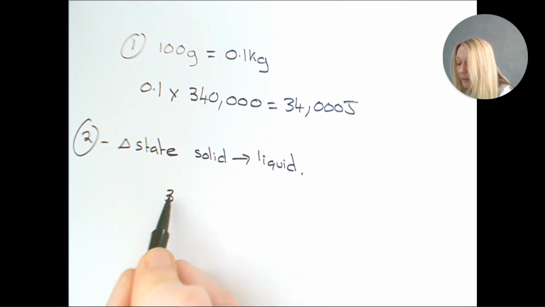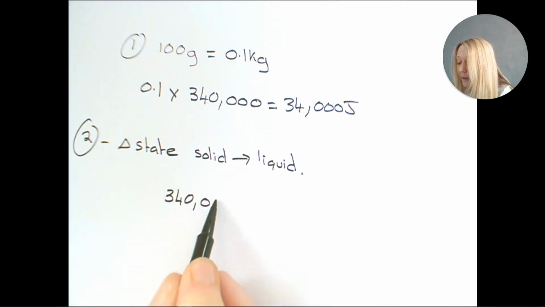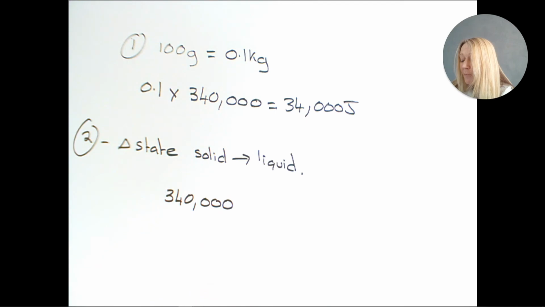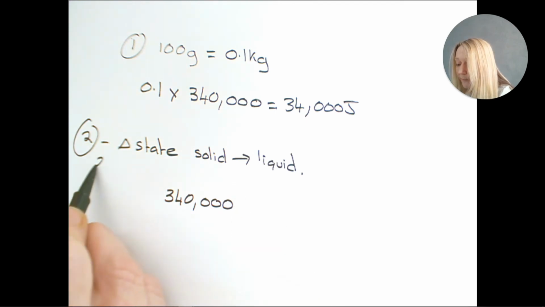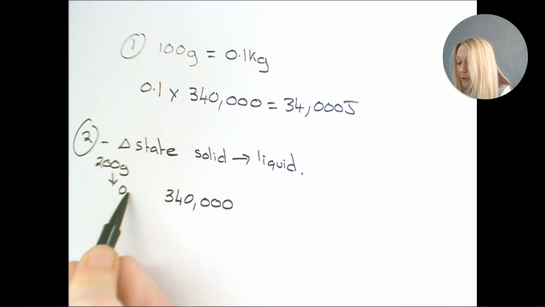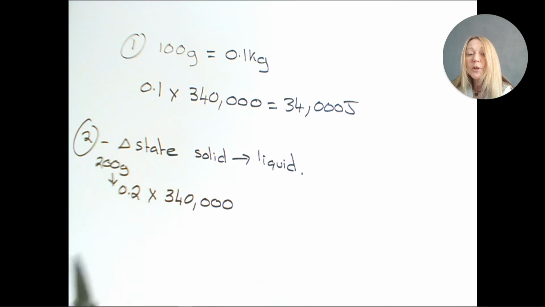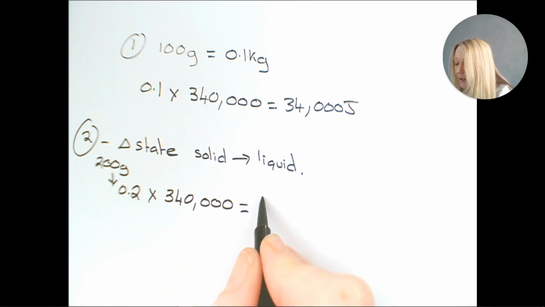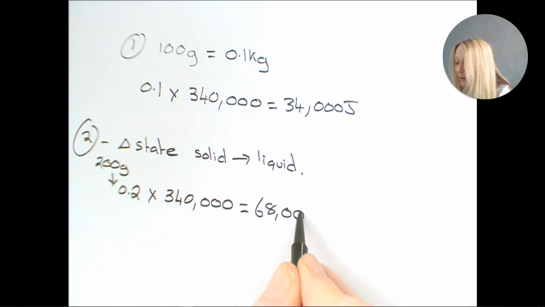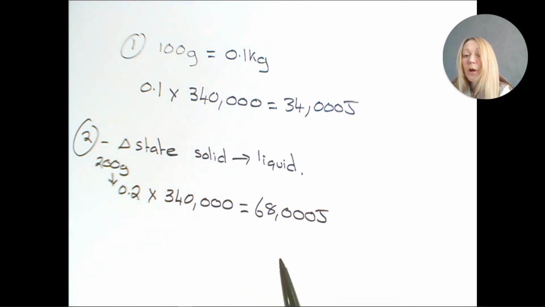We know that to be 340,000, and the mass we were given this time was 200 grams, which gives us 0.2 kilograms. So we times those two together, and that gives us 68,000 joules of energy to basically melt the ice.